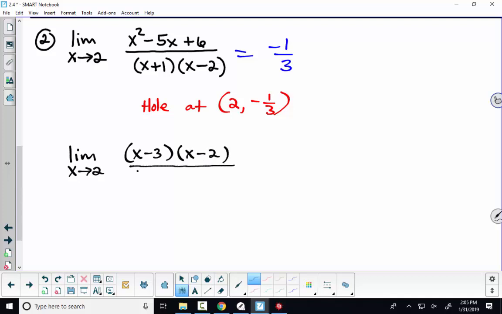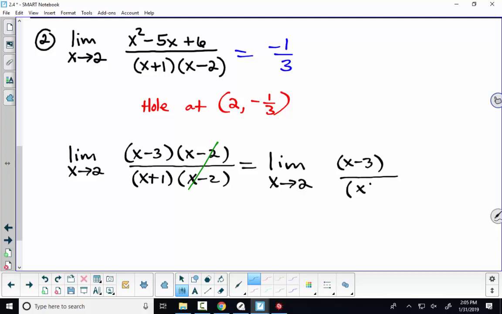Well, the bottom's already factored, but factoring the top allows us to divide out the factor of x minus 2, which allows us to compute that limit. Are there questions on this?